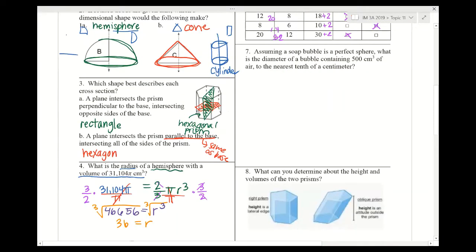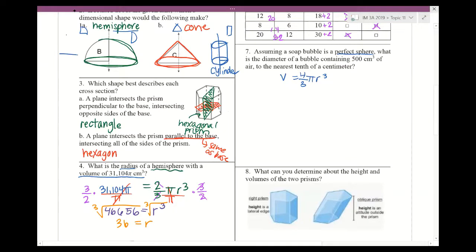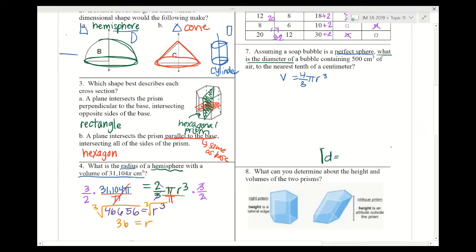For number 7, we're looking at another sphere. And so remember that the volume of a sphere is 4/3 pi r cubed. They want us to figure out what is the diameter. So our answer is going to be that the diameter equals something.